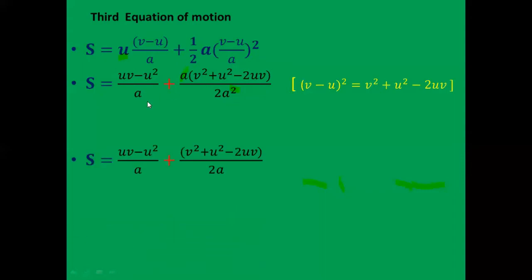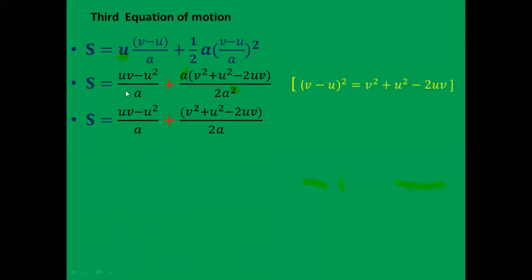So we can arrange this equation like this: uv minus u square by a plus, we can cut one a from numerator and denominator, so it becomes (v square plus u square minus 2uv) by 2a. Now the next step is we can make the denominator the same on both sides.